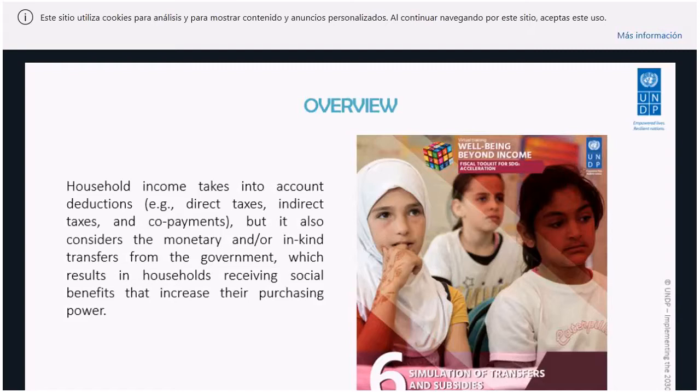So we can identify the problem, whether it is from the taxation or the transfer side, and we can identify the potential solution, the spaces for policy.